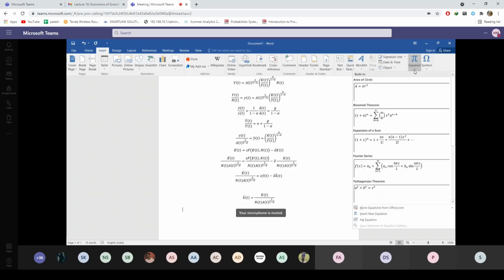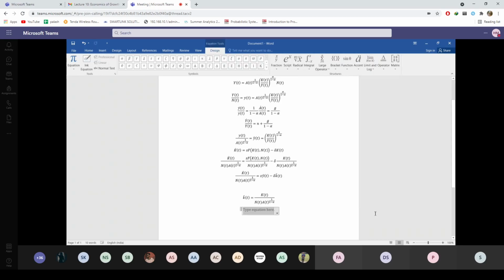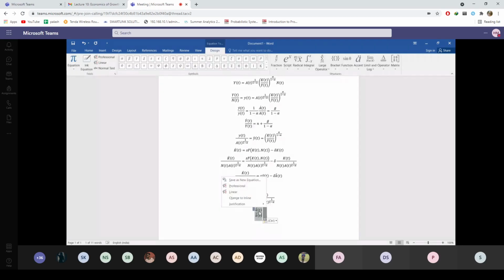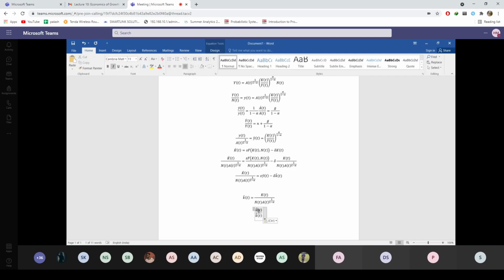What I will get is this term, and this term dot of.